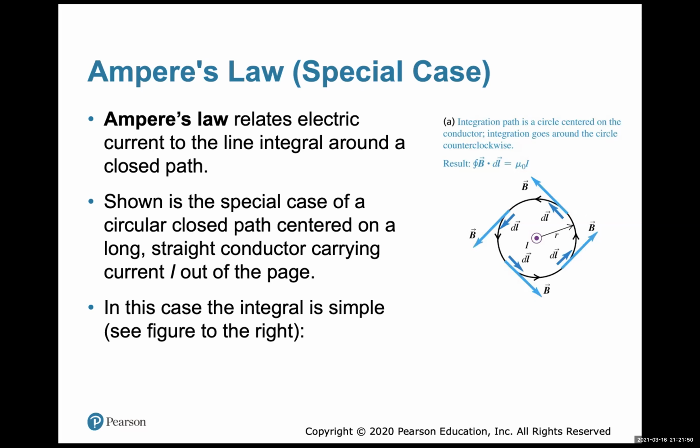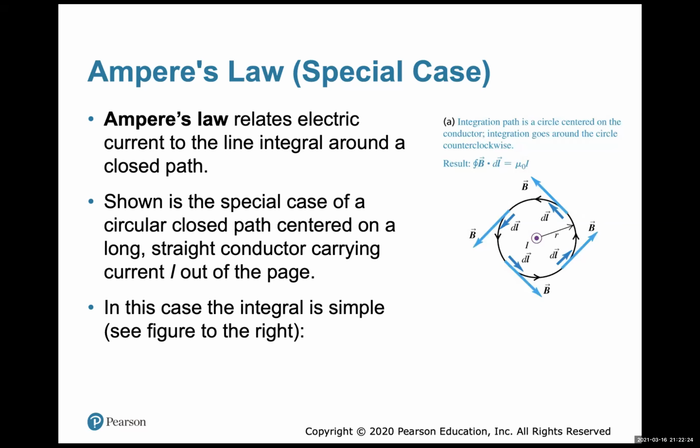Now, because this is a long, straight conductor carrying constant current, we already know the field. We already know B. It's mu 0 I over 2 pi r. And it's tangential. dl is tangential as well.